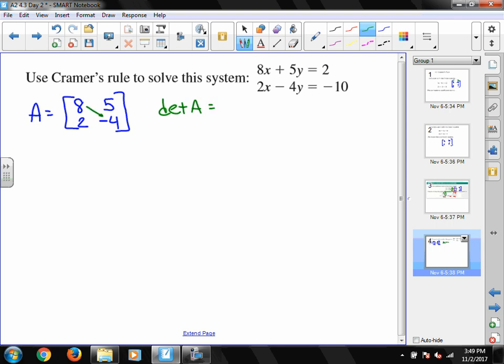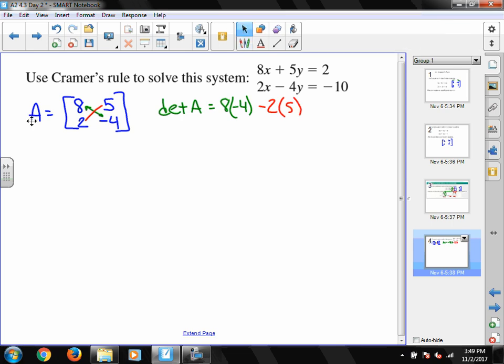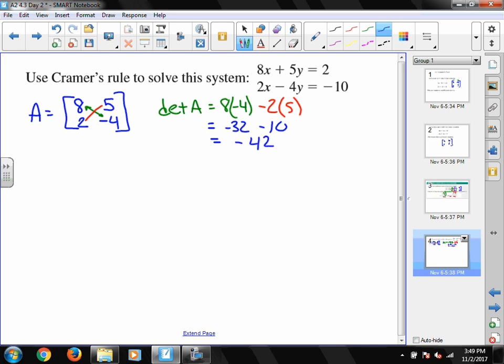So I'm going to take 8 times negative 4, minus 2 times 5, which is going to give me negative 32 minus 10, or negative 42. Okay. Now that we've got that determinant, we know we're going to use that later on, so it's nice to calculate early on so that we have that.